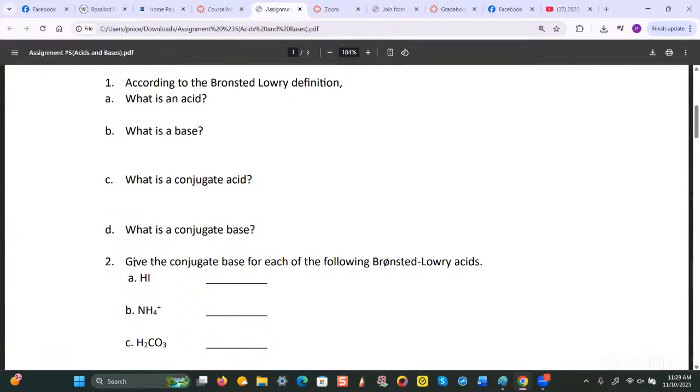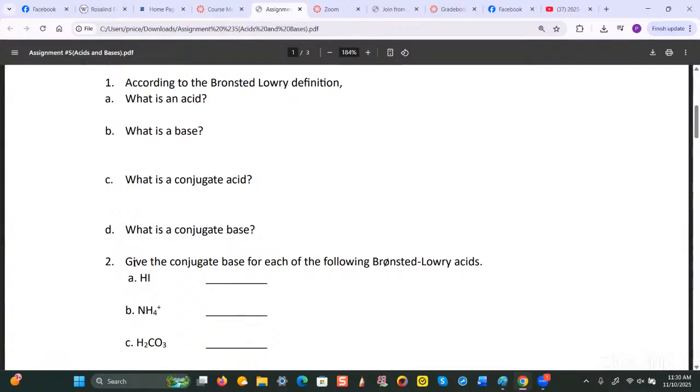All right. And you should add to that definition a substance which would give up hydrogen ions to a base. A substance that will give up hydrogen ions to a base.